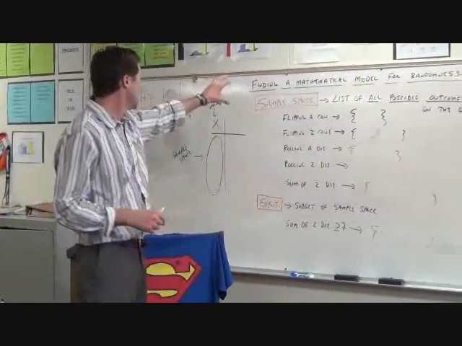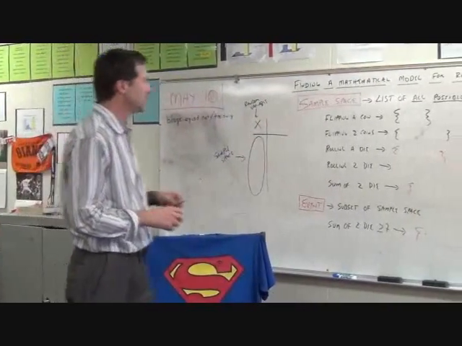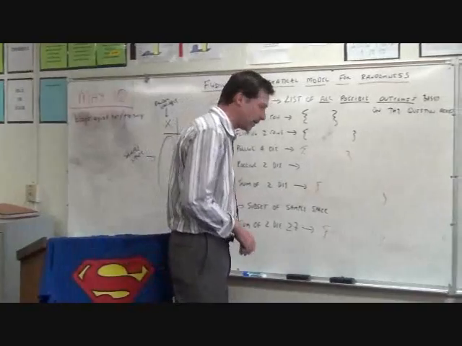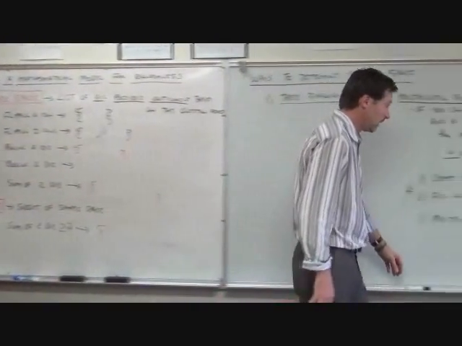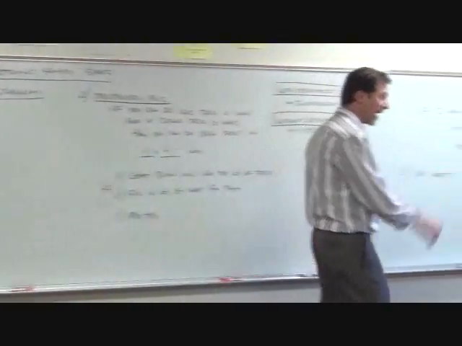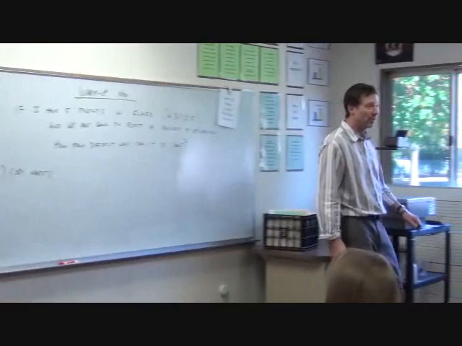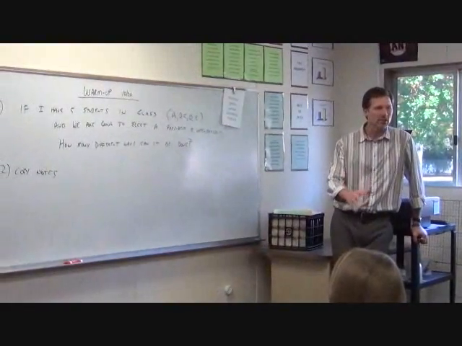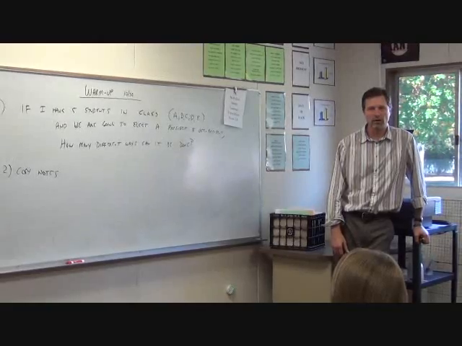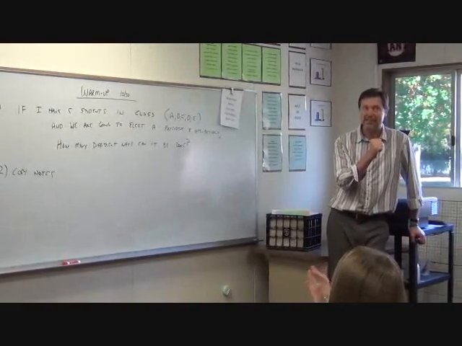We have to learn about this very important subject of the sample space. Sample space is defined as the list of all possible outcomes given a question that's being asked. So in your warm-up here, you had 5 students, and you had to pick a president and a vice president. How many different outcomes are there in this particular problem? 60? 16?